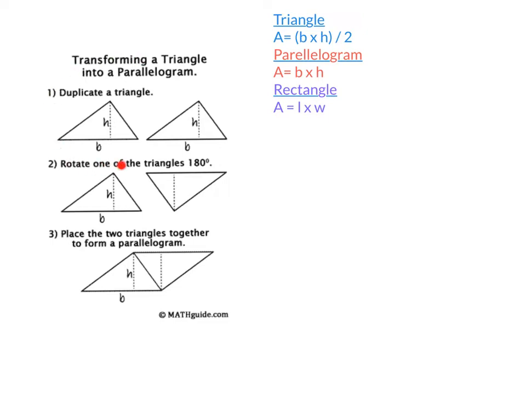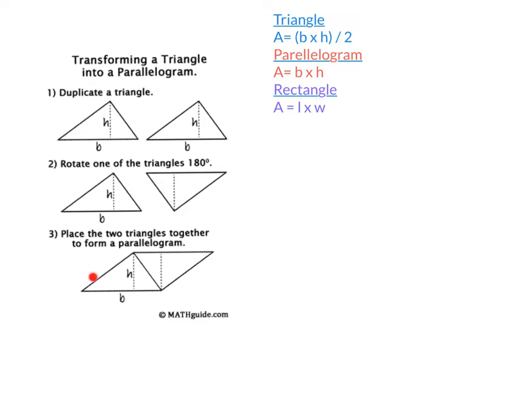So over here in number 1, I have an acute triangle. So if I were to take this triangle and duplicate it like here, and then take this triangle and flip it or rotate it 180 degrees, so now I have the two triangles, one's flipped over. And I would take these two triangles and join them together. You can now see that I have created a parallelogram.